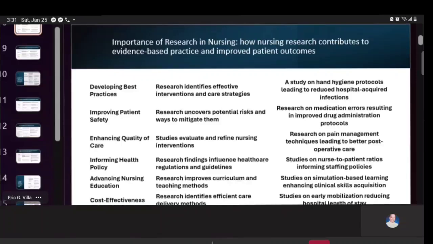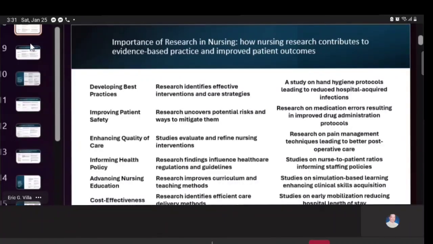The impact of nursing research on patient outcomes is significant. A scoping review found that where evidence-based practices were implemented, patient outcomes improved about 94% of the time.